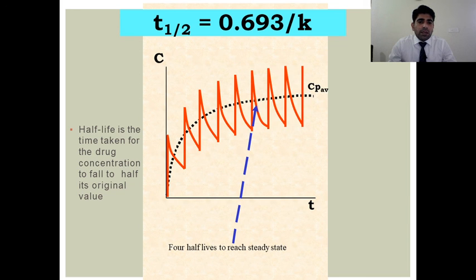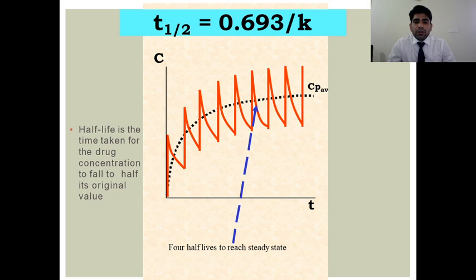The dotted black line is the average of all these red line patterns, and this black dotted line becomes parallel to the x-axis after a certain period of time.